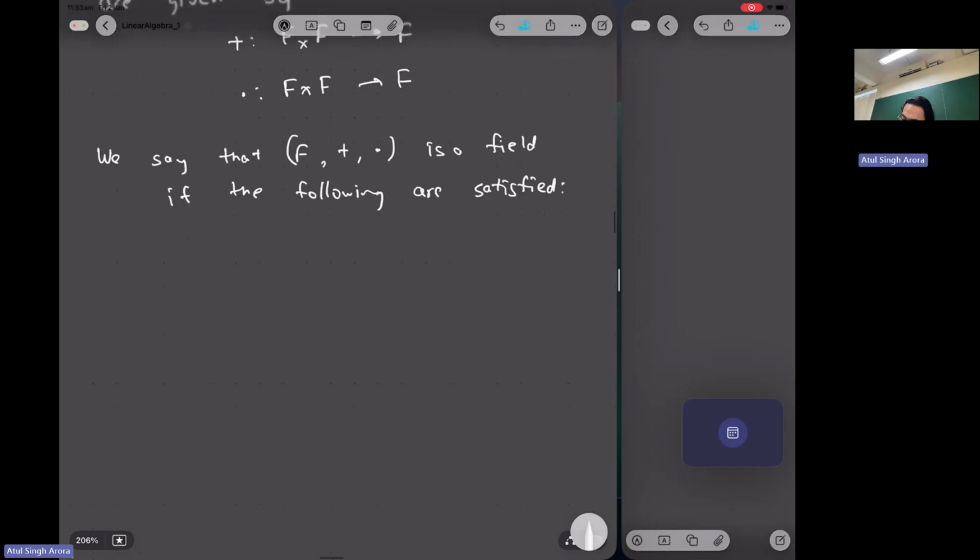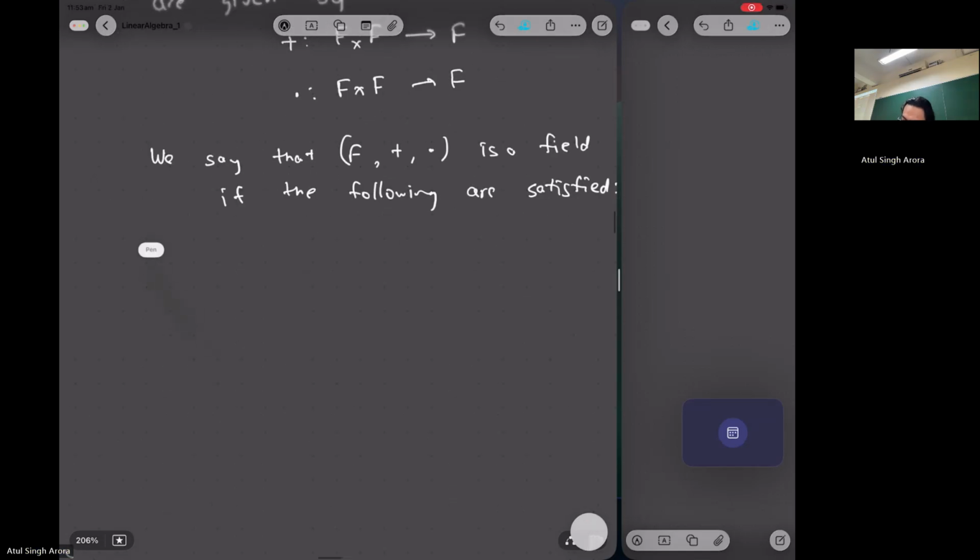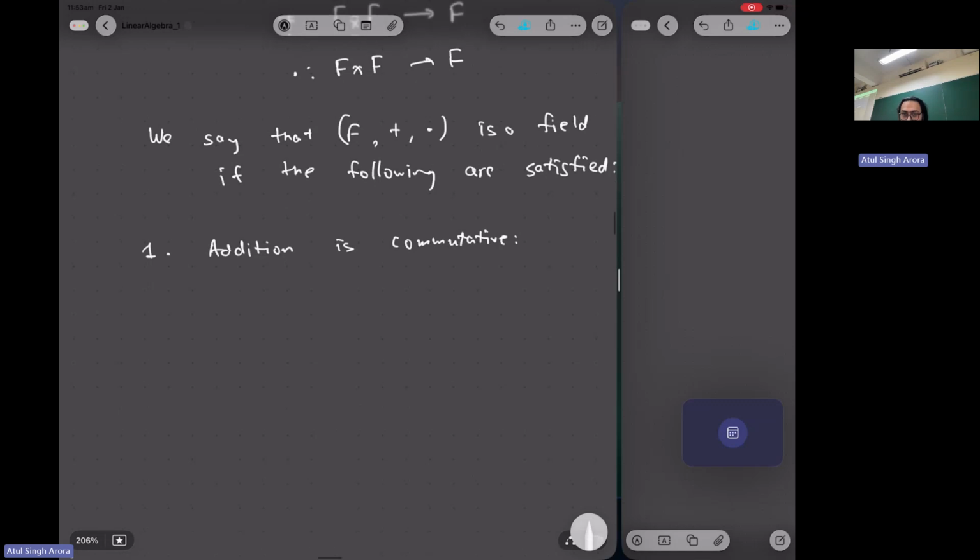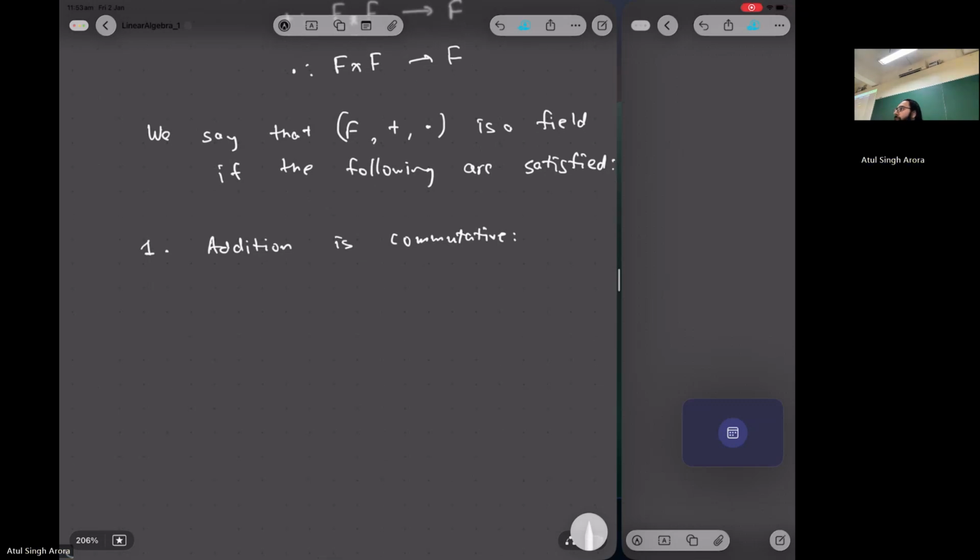So the first condition is that addition is commutative. Who wants to tell me what commutative is? You must have seen this before. Exactly. So suppose the elements are x and y.